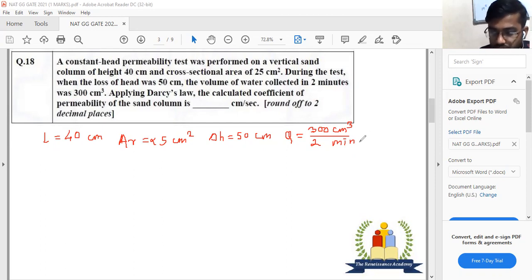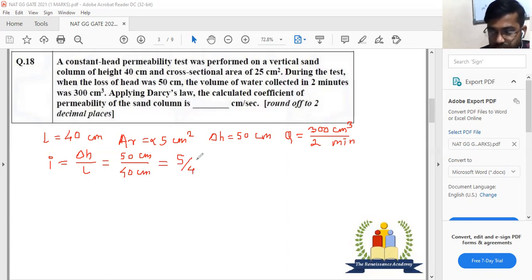Now we have Darcy law. Now first calculate gradient I. What is I? Formula for I? I is delta H by L. So delta H is 50 centimeter. L is 40 centimeter. You will get 5 by 4. Okay, CM get cancelled.